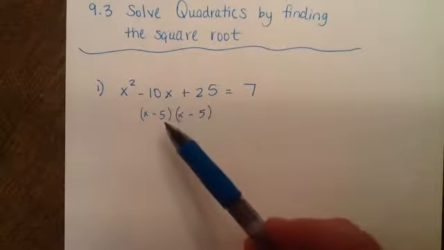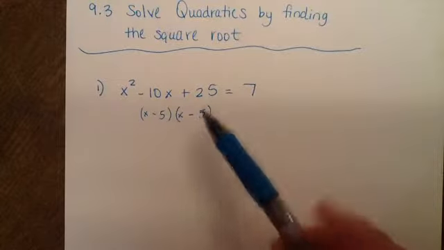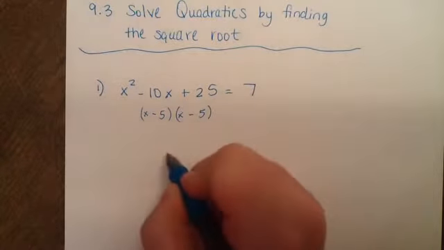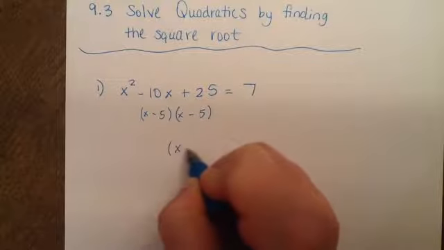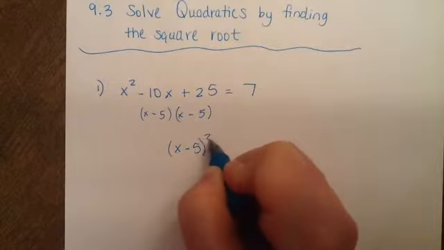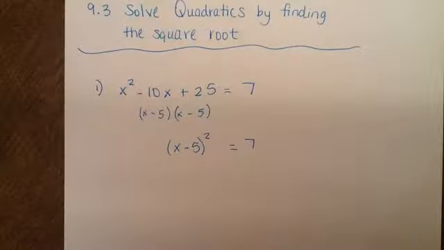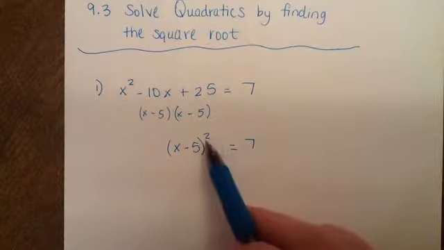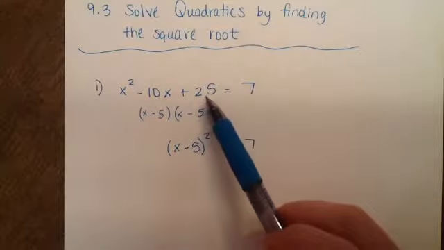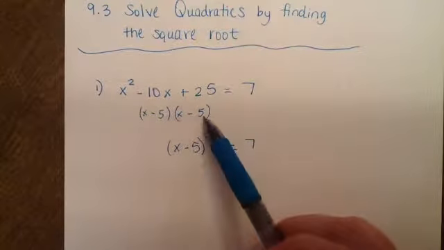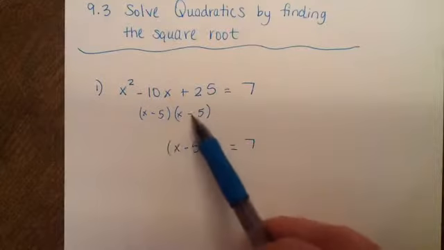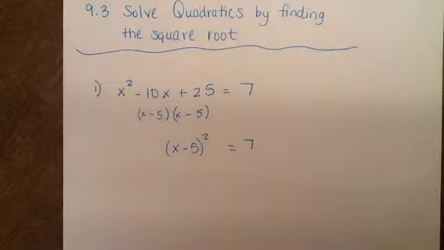In order for this to work, these have to be the same. So rather than writing these twice, I'm going to have x minus 5 squared equals 7. Something times itself, I can just put a squared. So break 25 up into 5 and 5, and both of them have to be negative to get a negative 10.